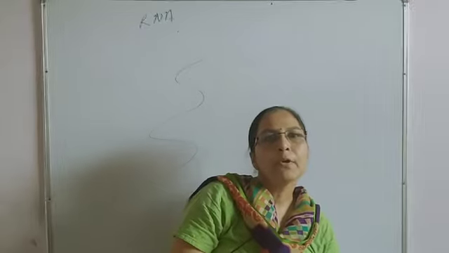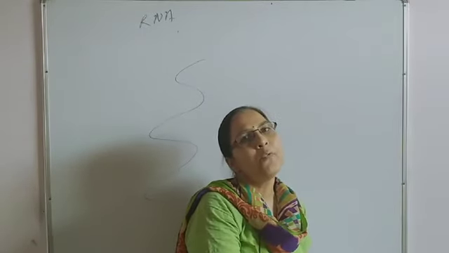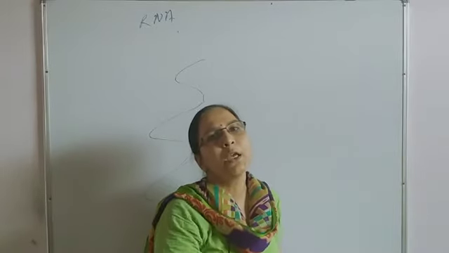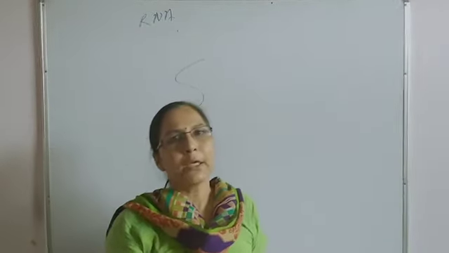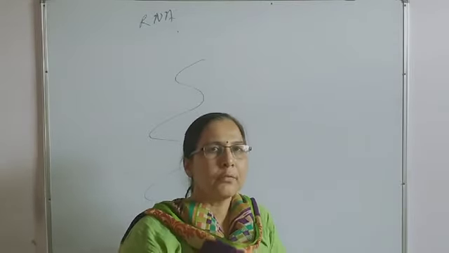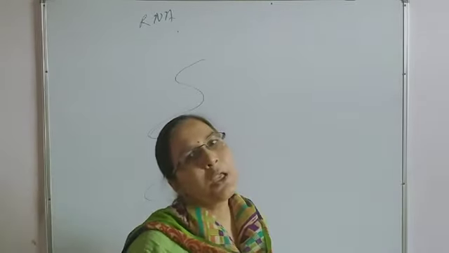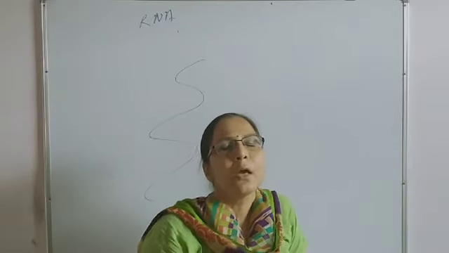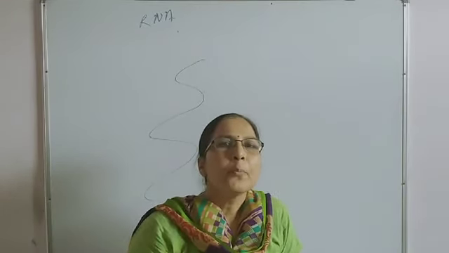Now you know very well the function of nucleic acid in the body. The main function of DNA is the transfer of hereditary characters from generation to generation. RNA directs the synthesis of protein.